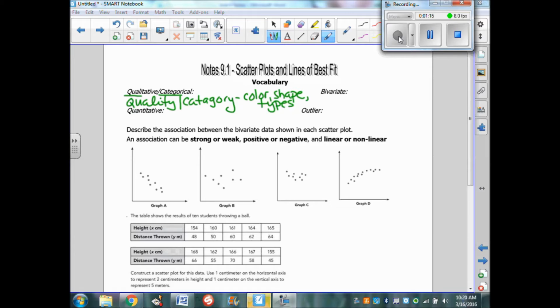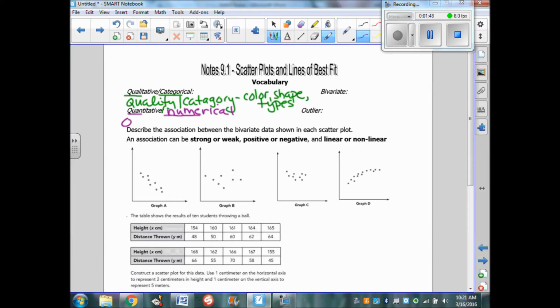So then numerical or quantitative data, so let's write that in there, numerical or quantitative data, and then let's pick that apart. So we have the word quantity within the word quantitative, and numerical, that N-U-M-E-R, indicates numbers.